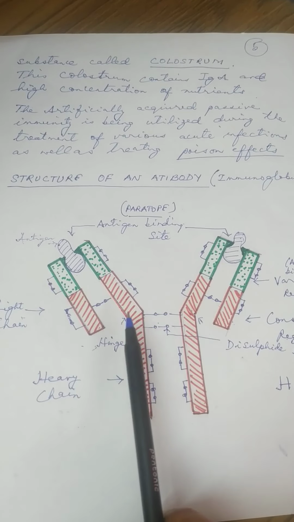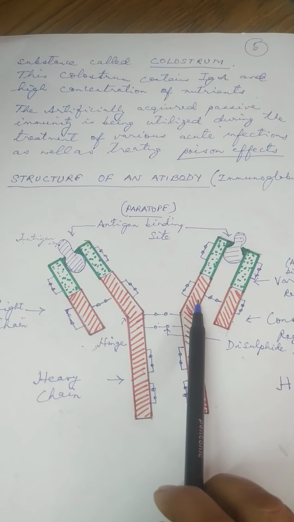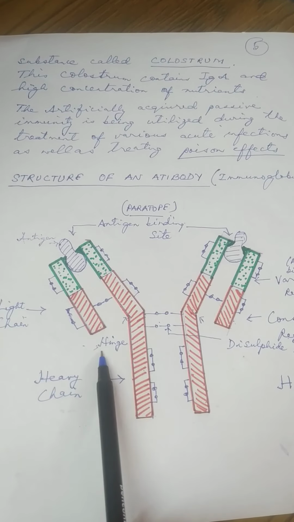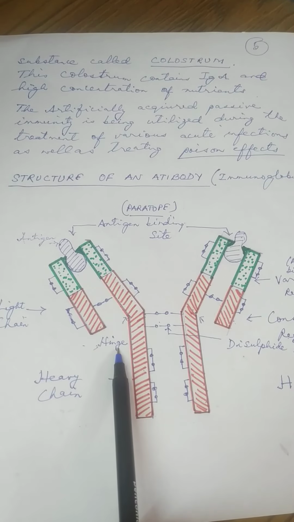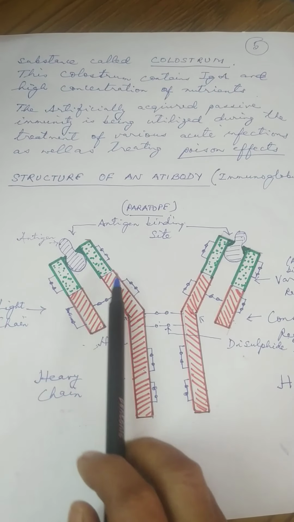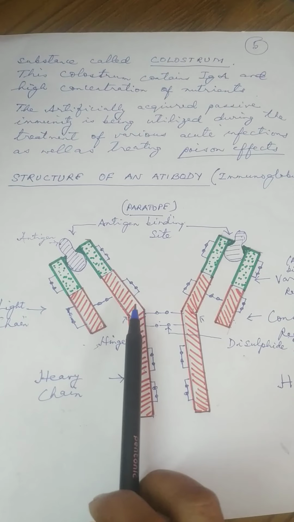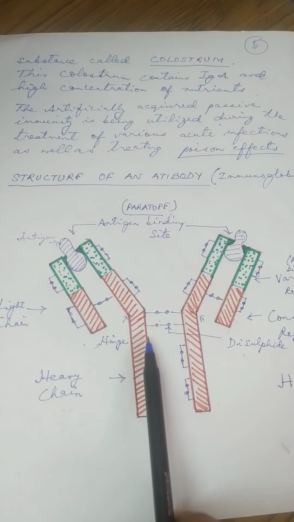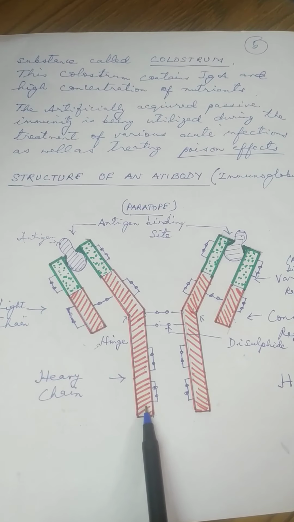And the long chains have a flexible region, and that flexible region is called the hinge. So the upper part of the long chain is called the arm, and the lower part of the long chain is called the stem.